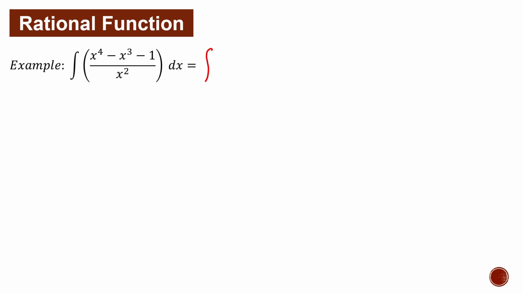We write this function as the integral of x raised to 4 over x squared dx, that's this, minus the integral of x raised to 3 over x squared dx, that's the second, and then the last will be minus the integral of 1 over x squared dx.